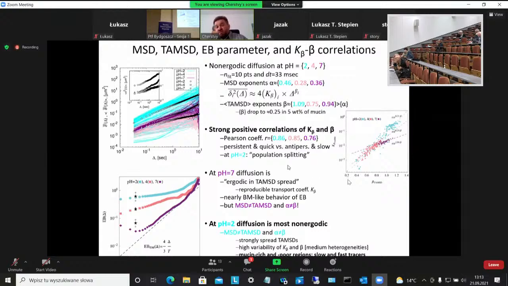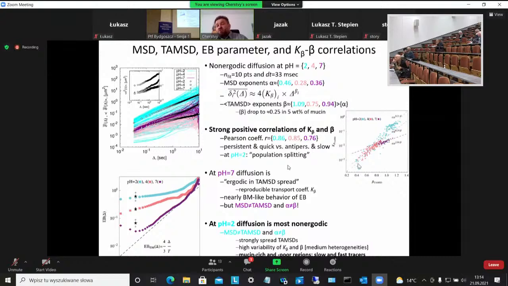What is interesting for this data set, and also for the other sets I will show you, is the fact that once I compute the transport coefficient, this K alpha, and plot it versus the transport exponent for each of the trajectories, so each dot is a trajectory, you see that there is a huge correlation at all three pH values.